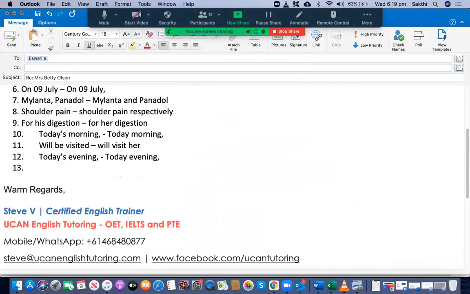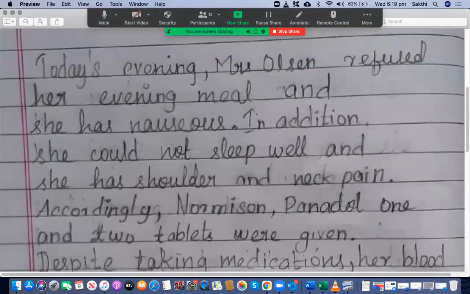Mrs. Olsen refused her evening meal and she has nauseous. She has nauseous. No, no, no. She is nauseous. Well, nauseous is an adjective. So you can't use an adjective. You can't say she has beautiful. That's wrong. She has beautiful what?